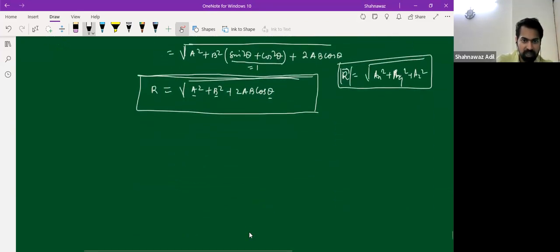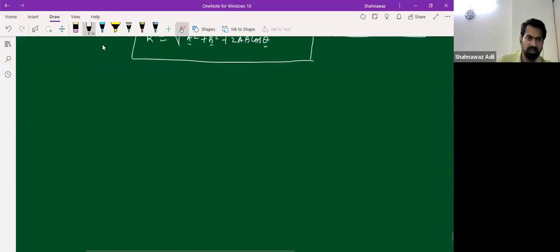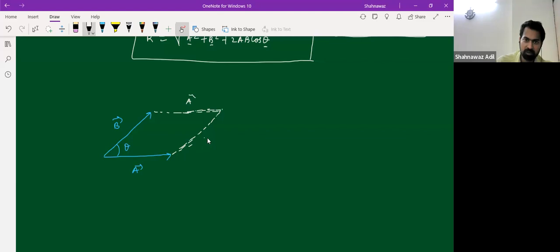Let's say that you have these two vectors, and the angle between them, and you have this resultant. The direction of this resultant is this.